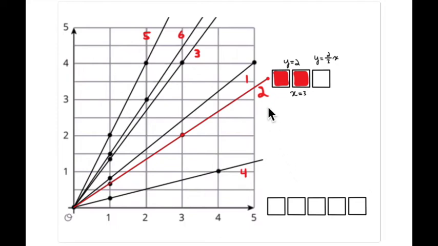For graph 2, this is showing the relationship of working 3 hours. So x is 3, and you get paid $2 for working 3 hours. So that relationship is for every 3 hours of work, you get paid $2.